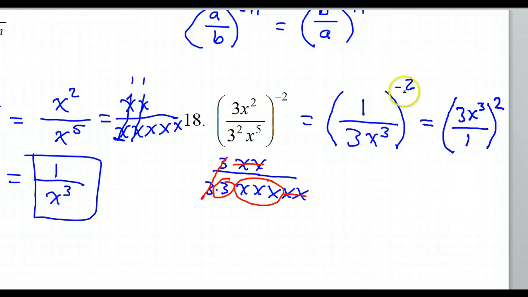Once you do the reciprocal, it becomes positive. Now, did I really need to put the 1 down here? No, the 1 is necessary when it's in the numerator. In the denominator, this will not be necessary. So I will have 3x to the 3rd power squared. You really didn't have to write the 1.